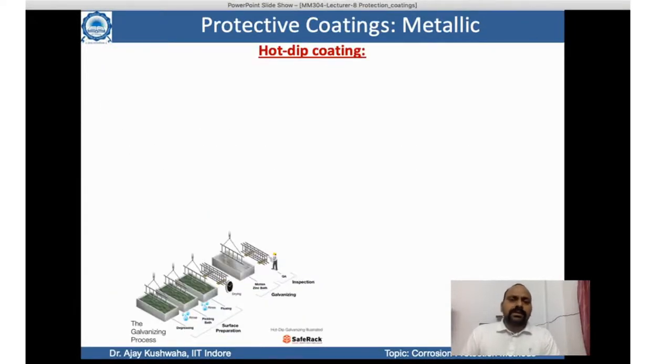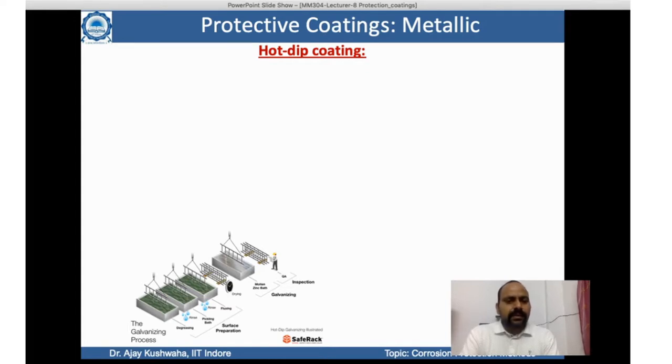The third method is hot dip coating. As the name itself says, a hot solution is there, and we dip the base material, or the material which we want to protect. As you can see here, basically it's a sequential operation.